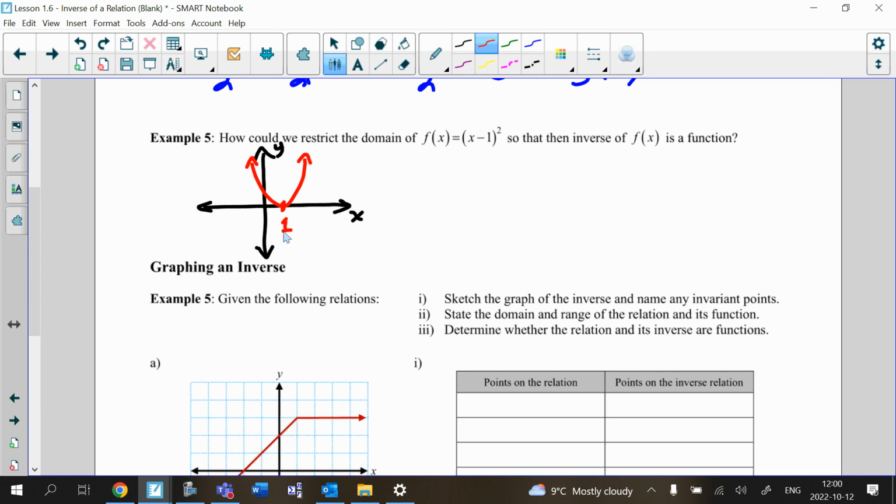I'm going to cut off the left side. What domain remains? This time it's 1 to infinity. So that would be your answer. That's how you would restrict it. If you had negative infinity to 1, because you decided to cut off the right side of the graph, you are just as correct.